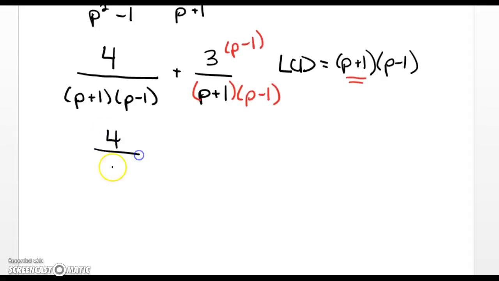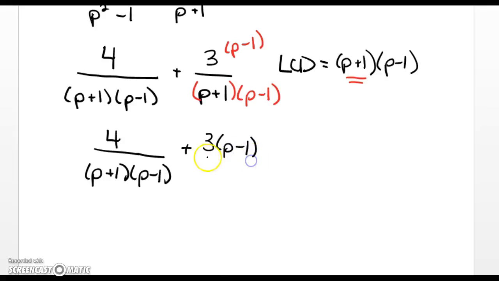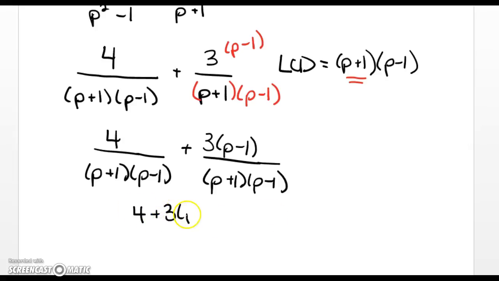So we have 4 over p plus 1 times p minus 1, plus 3 times p minus 1 all over p plus 1 times p minus 1. Now that we have common denominators, we can add the numerators and the denominator stays the same. So what we really have here is 4 plus 3 times p minus 1 all over p plus 1 times p minus 1.